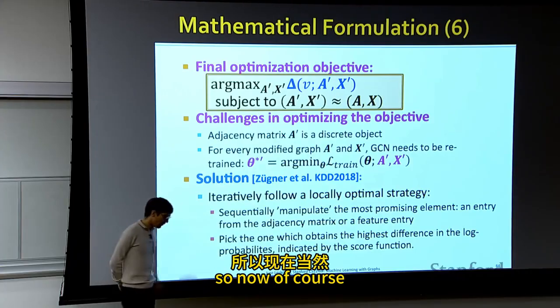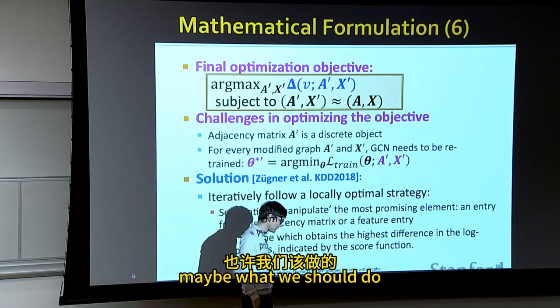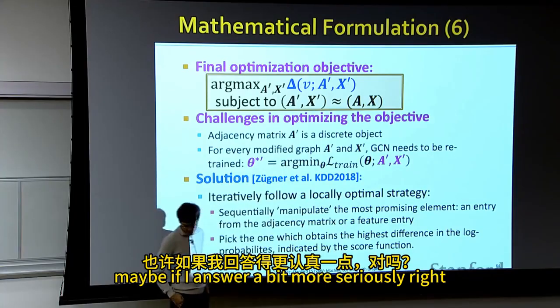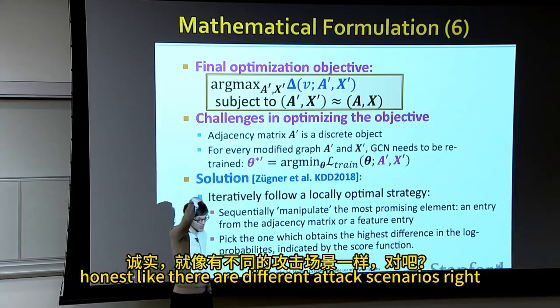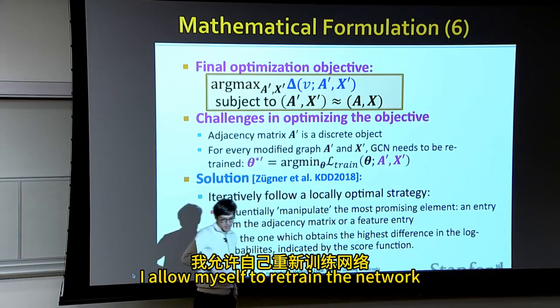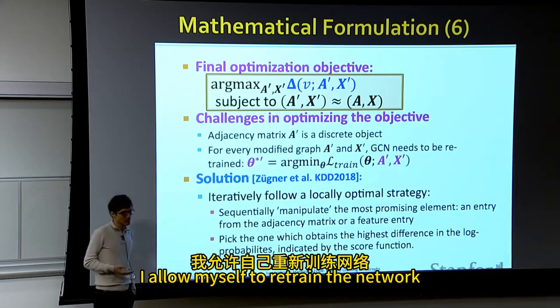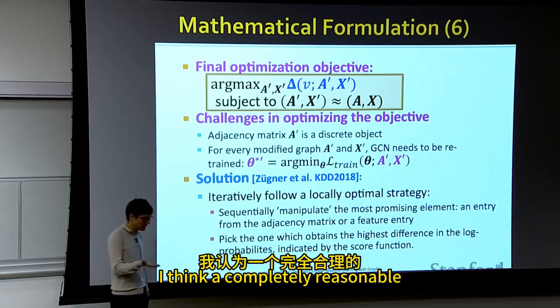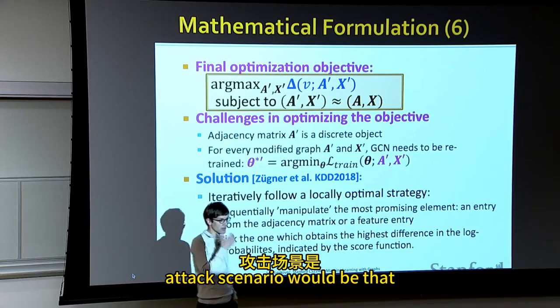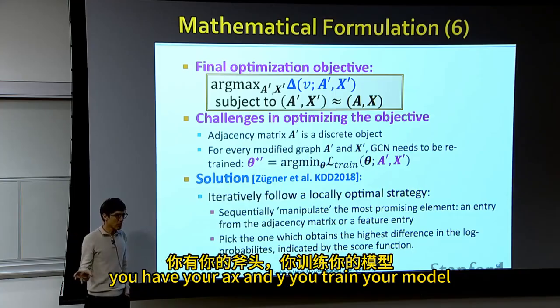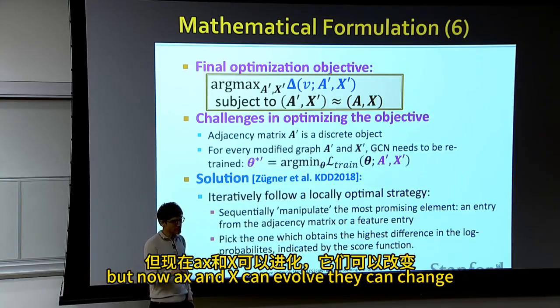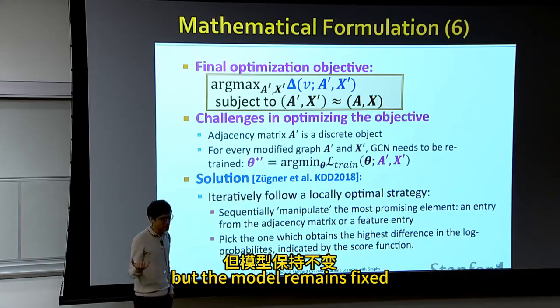So now, of course, maybe if I answer a bit more seriously, I think there are different attack scenarios. Here they said, I allow myself to retrain the network. I think a completely reasonable attack scenario would be that you have your A, X, and Y, you train your model, but now A and X can evolve, they can change, but the model remains fixed.